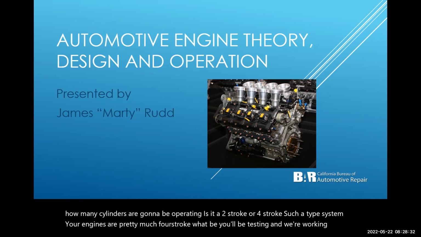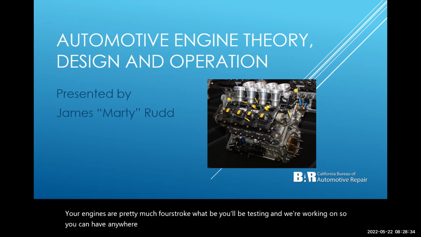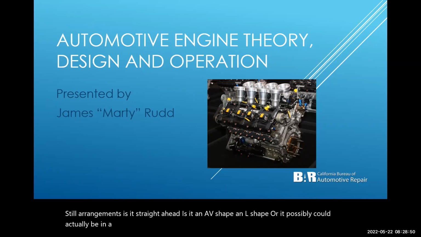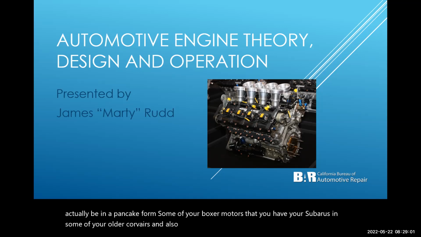So you can have anywhere from 3 to 16 cylinders, and we'll talk about cylinders in just a little bit here. Cylinder arrangements, is it straight ahead? Is it in a V shape, an L shape, or it possibly could actually be in a pancake form, like some of your boxer motors, like your Subarus and some of your older Corvairs, and also the older VWs.